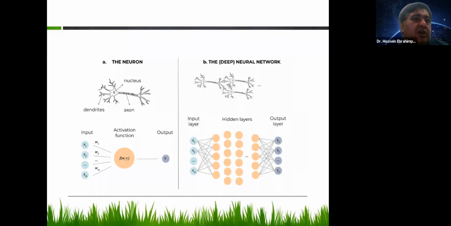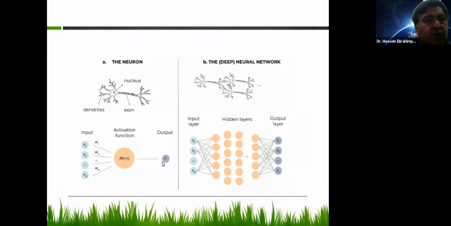On the left side, you can see one neuron. As you can see, we model it with a very simple mathematical model. We say that, okay, in a neuron, you have some dendrites. These dendrites are the inputs for our neuron. So we get some x's, like x1, x2 to xn, as input to the neuron.